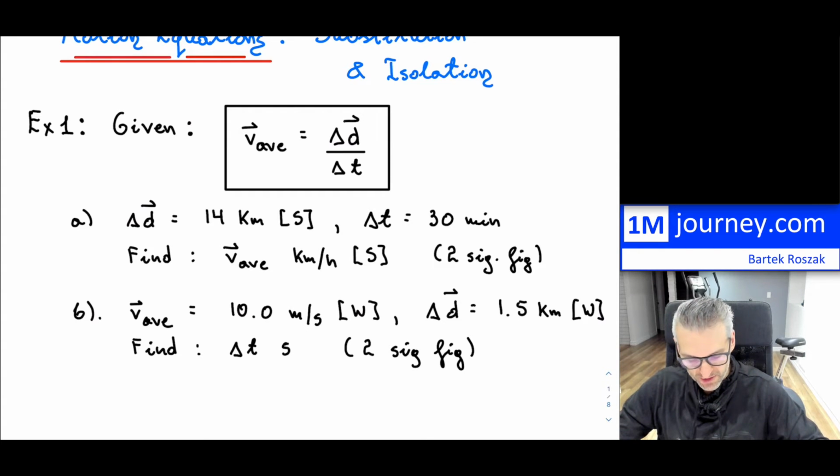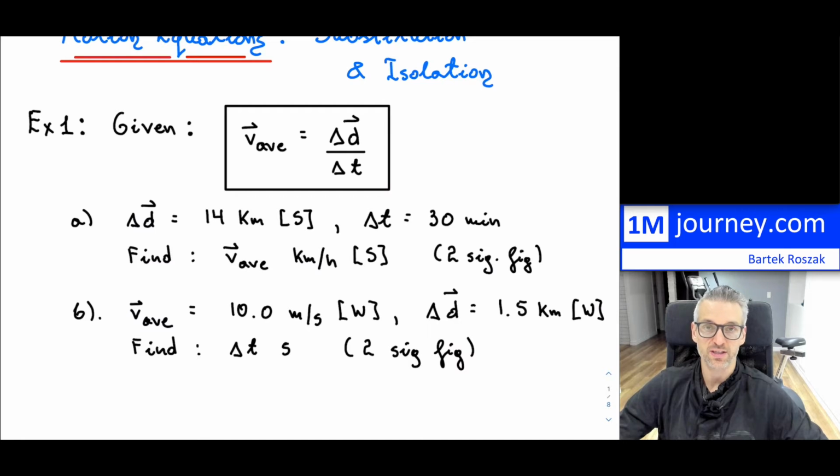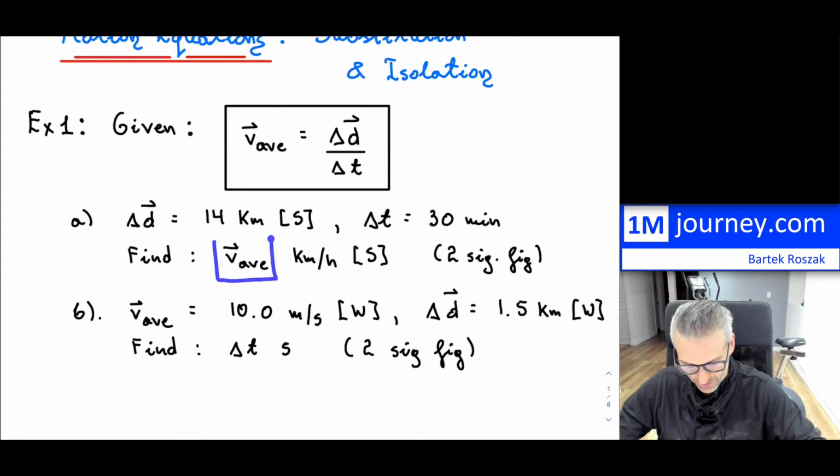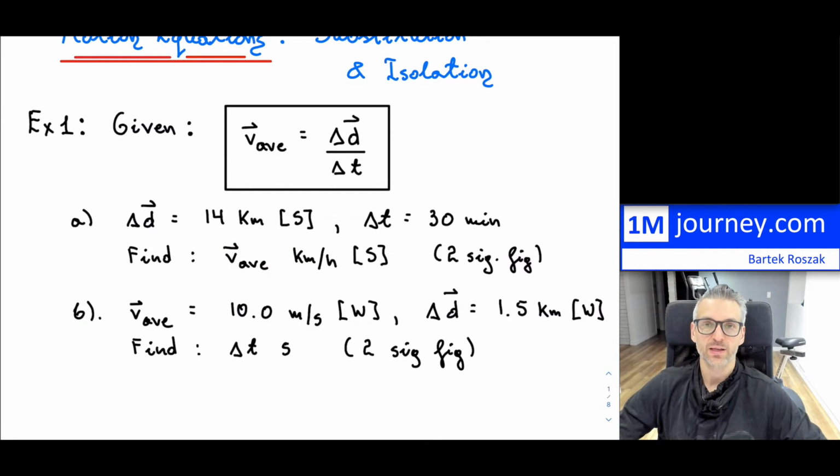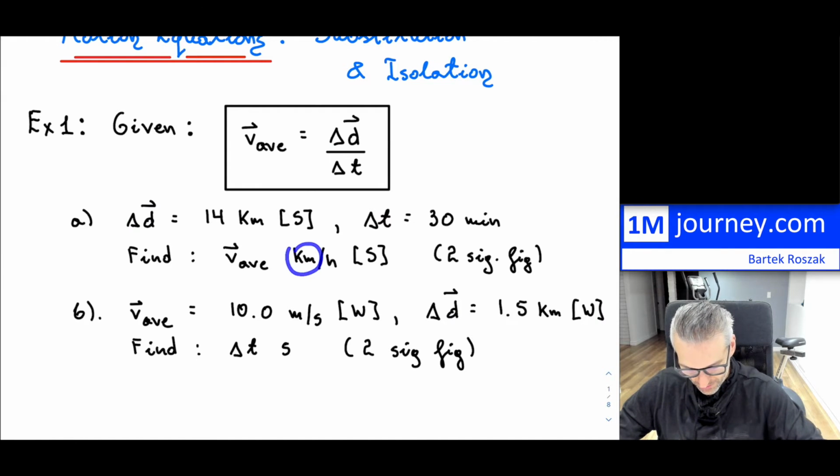These formulas typically assume that you have consistent units, and you have to pick whatever units you want, so look at what they are asking for. Sure, they want me to find the velocity, but they want it in kilometers per hour. So we need our displacement in kilometers, and we have to check that.